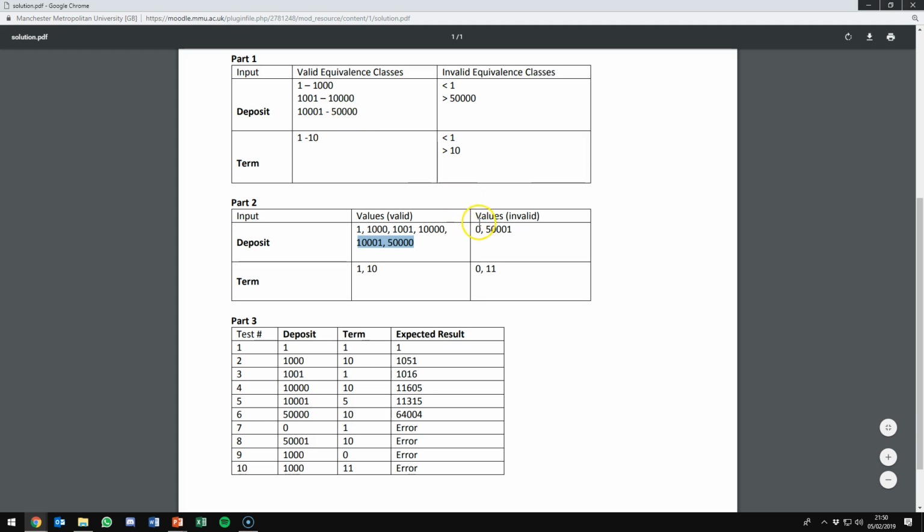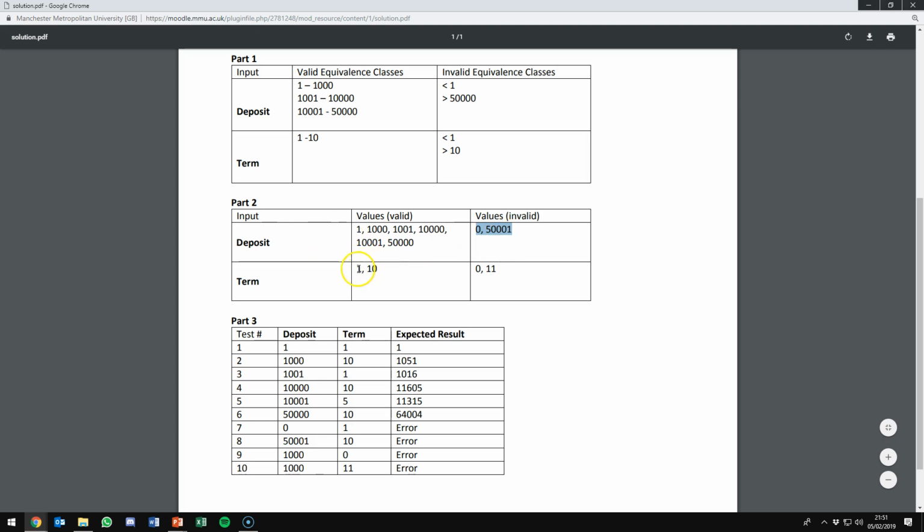Which essentially just means the invalid values, if we were to go at opposite ends of those boundaries, because 1 is the minimum, the boundary there, if we go to the left side of that, is 0. And because the maximum value is 50,000, if we look at the other side of that boundary, we'd have 50,001. So those two, we could check for those inputs, and those would be where the common errors lie.